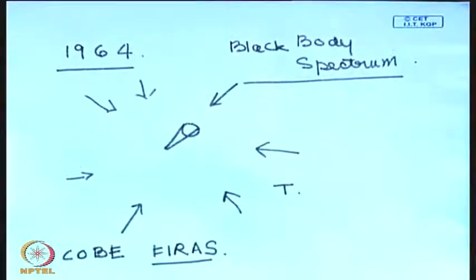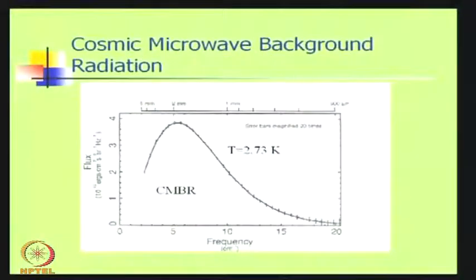This background radiation is called the cosmic microwave background radiation, CMBR: cosmic because it is cosmological and fills the entire universe, microwave because it peaks in the microwave part of the spectrum.